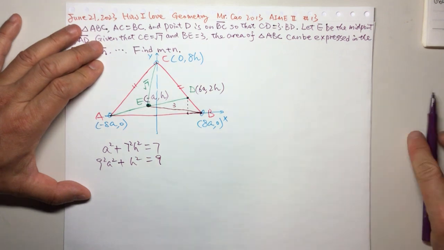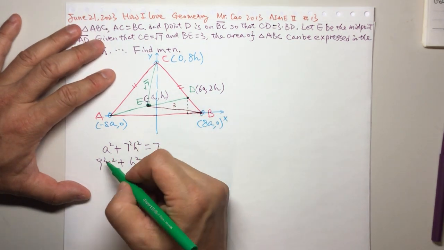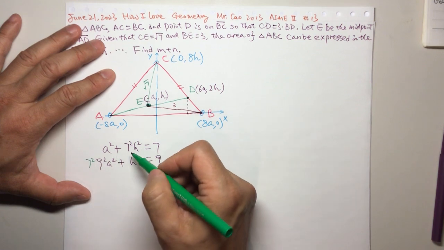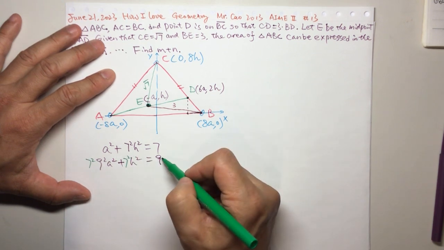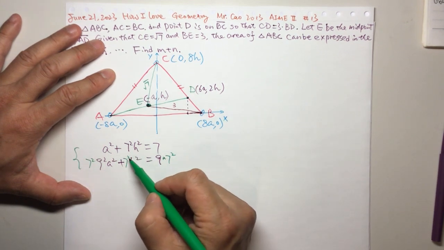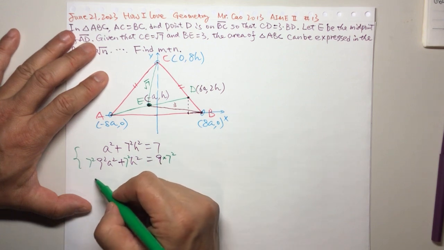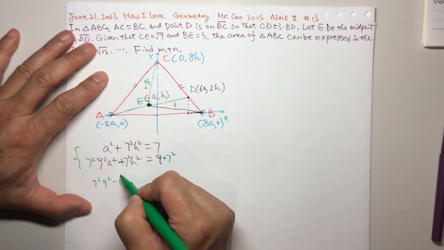So we can use any of them. Let us take the second equation minus the first one, because we got some common terms. That's 7 squared times 9 squared minus 1 squared, right?